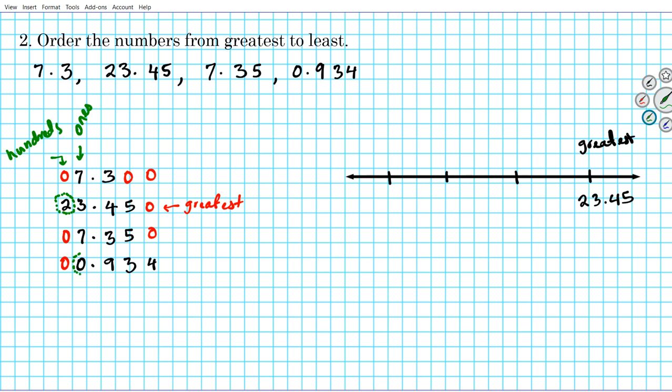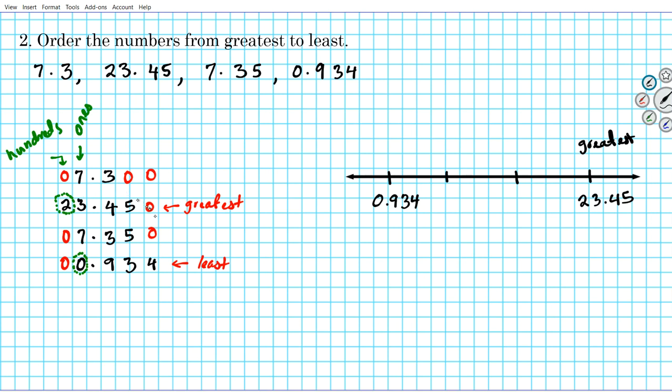Okay, so when you're comparing, you can easily find out the greatest. You can also find out the least. So here we have the least number. So if we put it on our nice little number line, 0.934 is going to be right here.